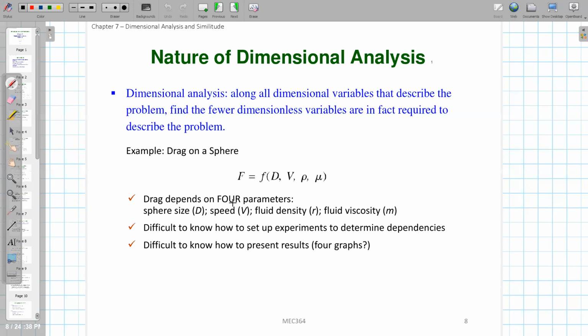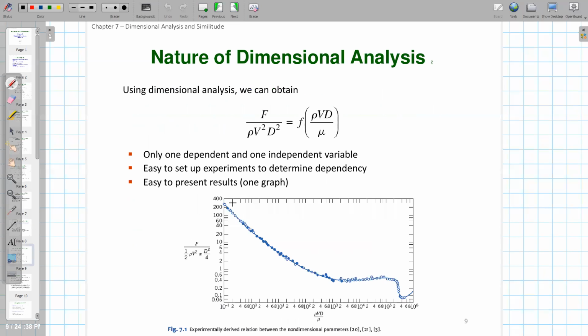With this dimensional analysis method, we try to reduce the number of independent parameters. Let me give you the result first, before I do the dimensional analysis. Right now, if you include F, you have 5 dimensional parameters for this problem.